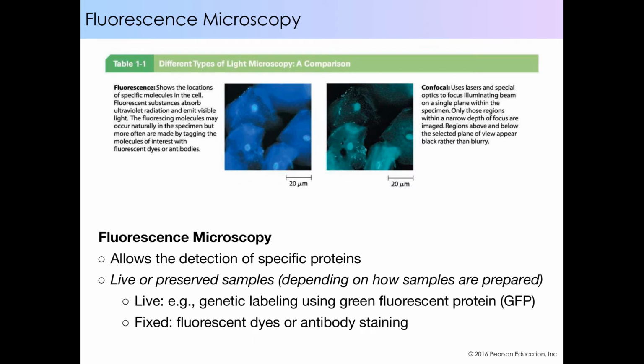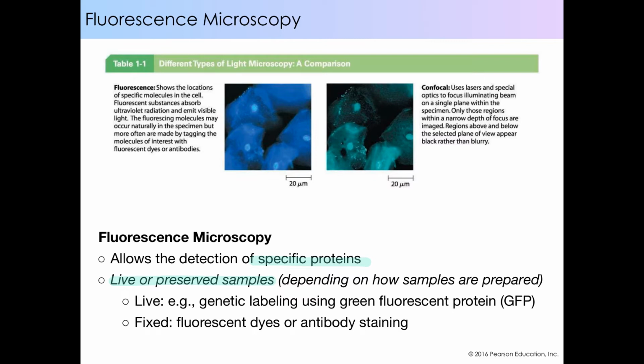Another type of specialized light microscope is the fluorescent microscope, which can be used to visualize both live or preserved specimens, depending on how the sample is prepared. Fluorescence microscopy is most useful for detecting specific molecules in cells, like specific proteins, which can be made to fluoresce in different ways.